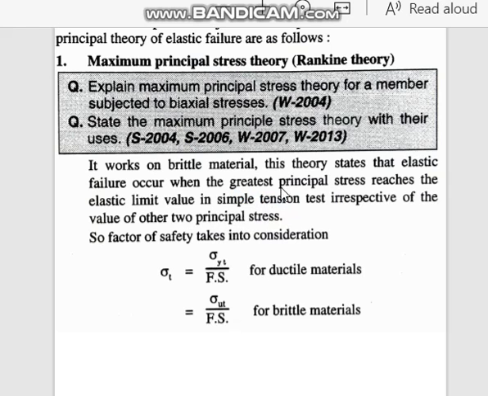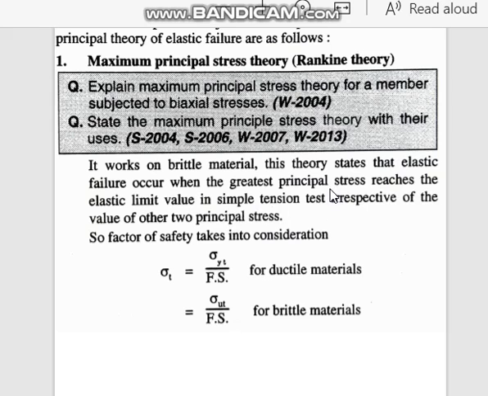That means if this maximum principal stress reaches, meaning reaches and crosses, the elastic limit in a simple tension test, then failure occurs. So that is the definition.